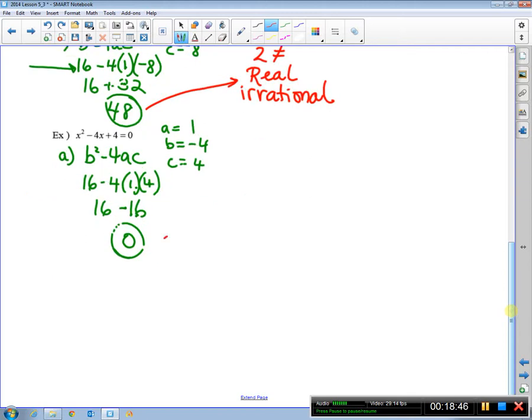And last but not least is 0 under the radical. Well, it's still real. A 0 under the radical leaves me with nothing to add and subtract, so that's when I get 1. And it comes out very nice. Negative B over 2A.